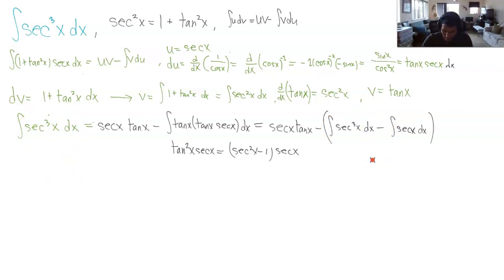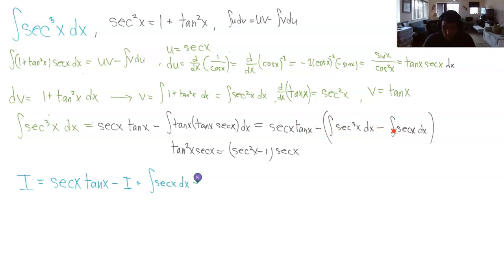What does that mean? Okay, so I'm going to call this secant cubed x integral I. So I is equal to secant x tan x, and then it's going to be minus I and plus the integral secant x dx.